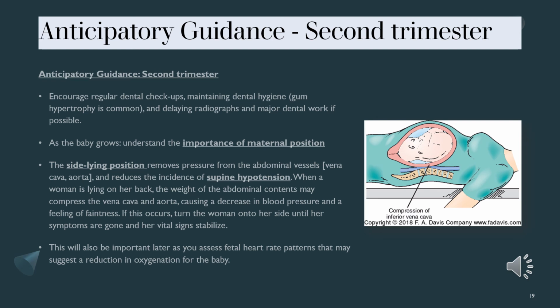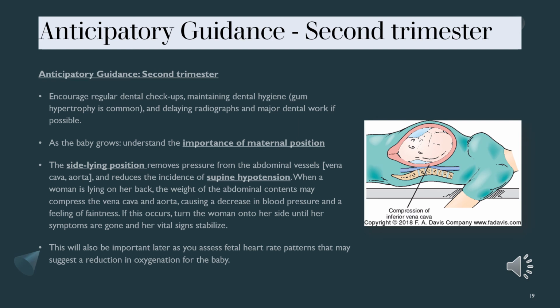So if I lay flat on my back, that uterus and baby squash that artery, my blood pressure is going to drop, right? Because I'm not getting any blood to the bottom half of my body. Mom's going to feel faint. She's not going to feel well. She's going to be hot and kind of sweaty, feeling a little clammy even.